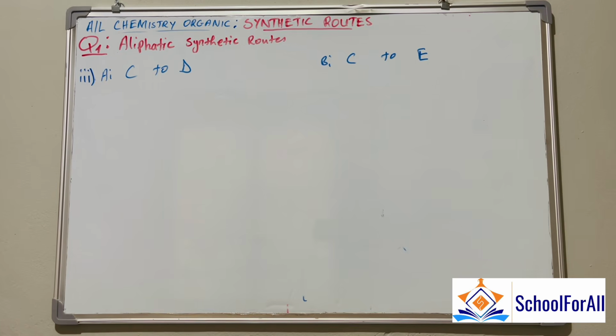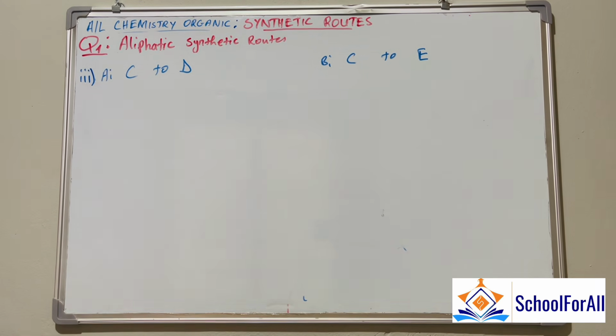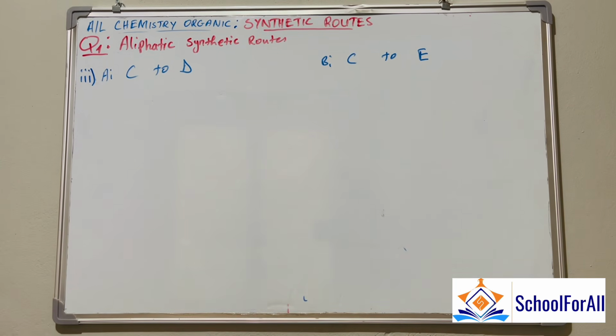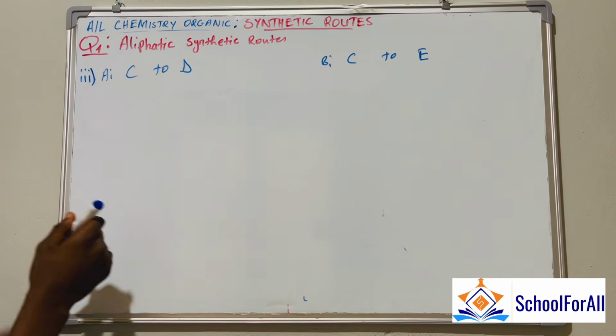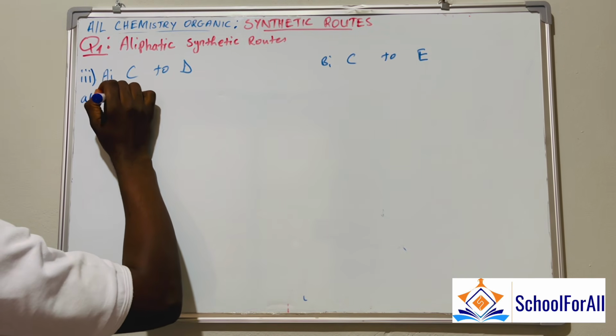We now go to the last part of our question, in which they are asking you to give the physical changes which we observe when we are converting C to D and when we are converting C to E. Let us start with C to D. Remember what C is: an alcohol.